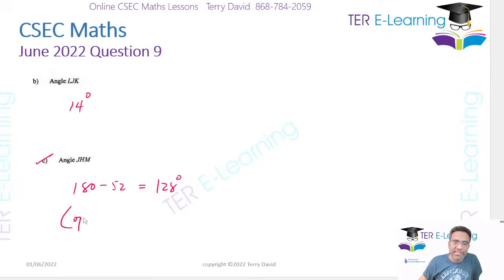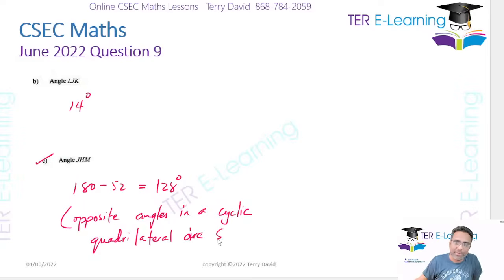And the reason here is opposite angles in a cyclic quadrilateral are supplementary, meaning that they add up to 180. So that's your reasoning there.